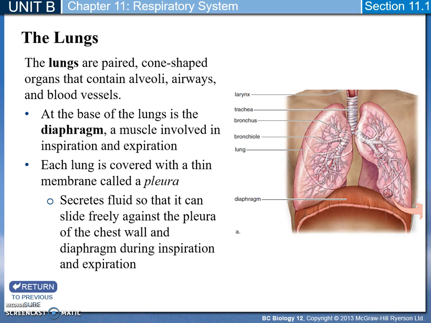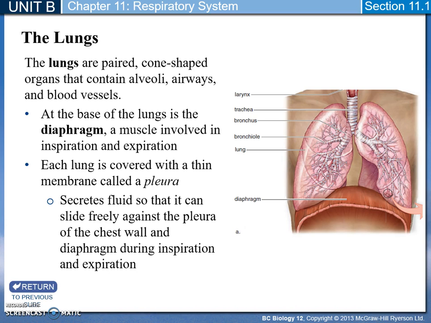Among others, there are other muscles involved there too, which raise the rib cage for inspiration. The diaphragm itself, when it contracts, lowers, and thereby expands the volume of the space for the lungs.